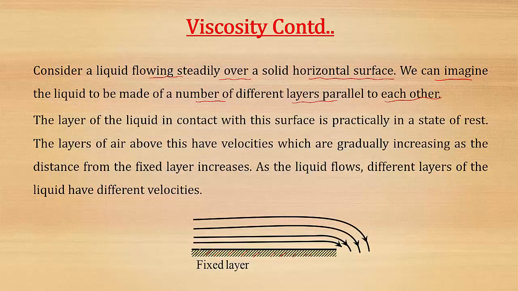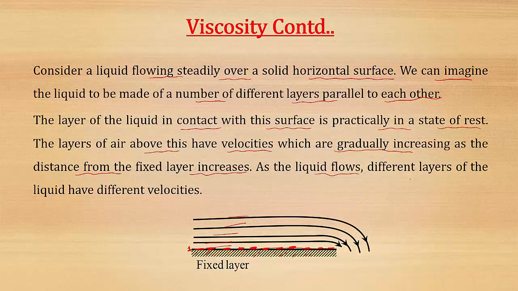The layer of the liquid in contact with the surface is practically in the state of rest, meaning the first layer. The liquid in contact with the surface is always considered to be at rest. And the layers above this have velocities which gradually increase as the distance from the fixed layer increases.